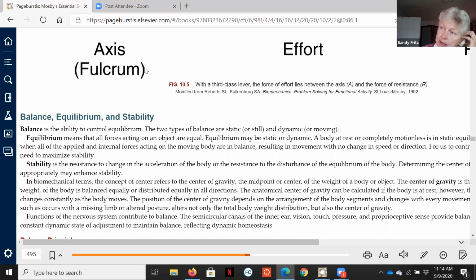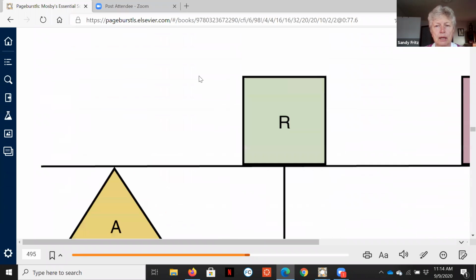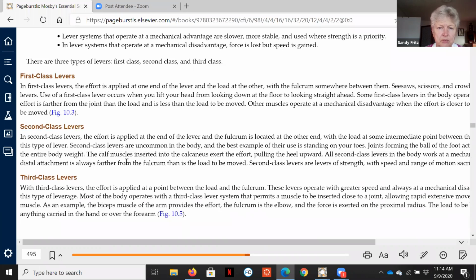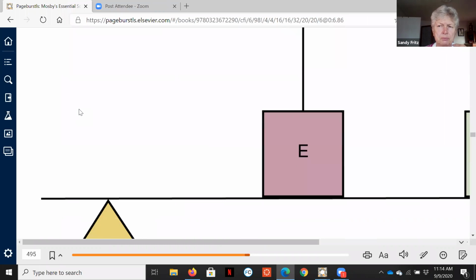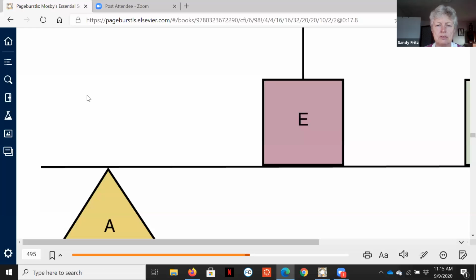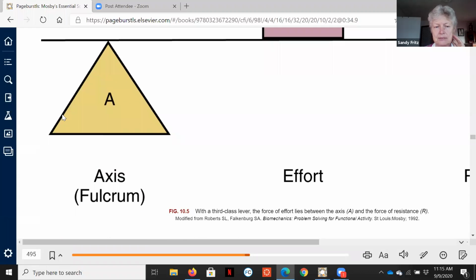If there were going to be a test question on it, it might be, the joint of the elbow is what kind of a lever? And that would be a third class. This little outline gives you examples, but probably not. I don't suggest you spend a lot of time memorizing this.